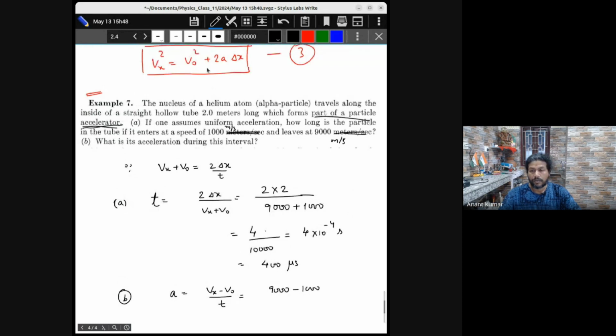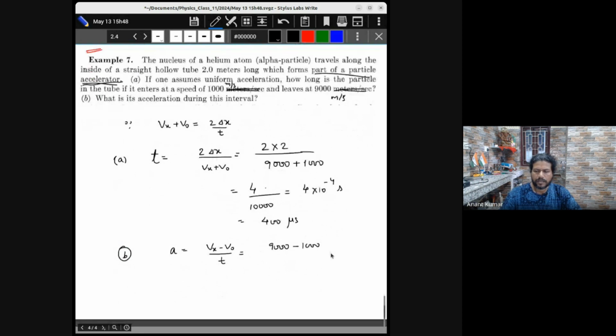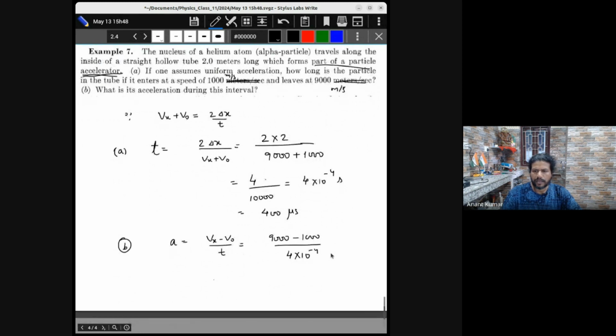Because the final velocity is known, the initial is known, the displacement is known, everything is known. But in this case it is much easier, because no quadratic comes up. I could utilize this equation itself, with 4 into 10 power minus 4. So 9 minus 1 is 8 by 4.